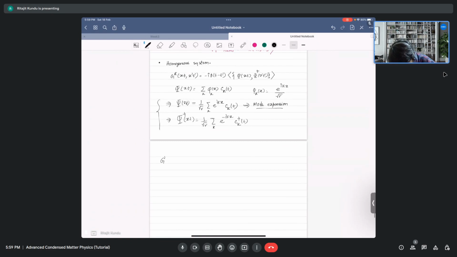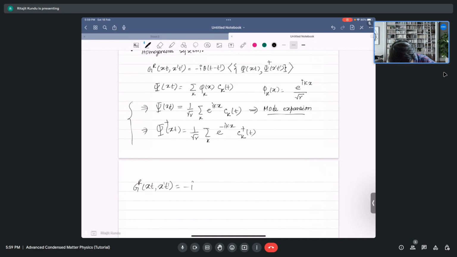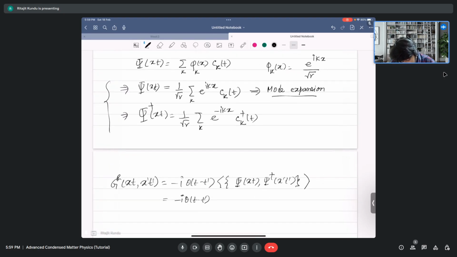So G^R(x,t) is given by minus i, and now we can plug in this psi and psi daggers.